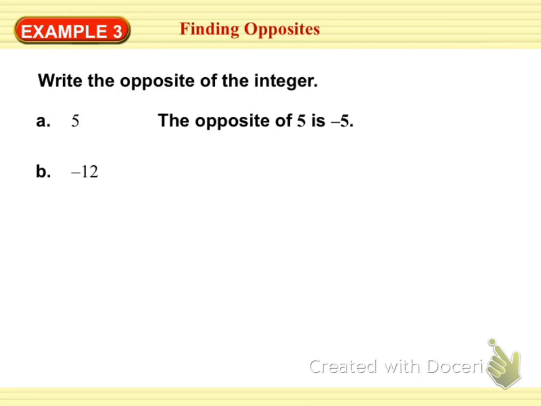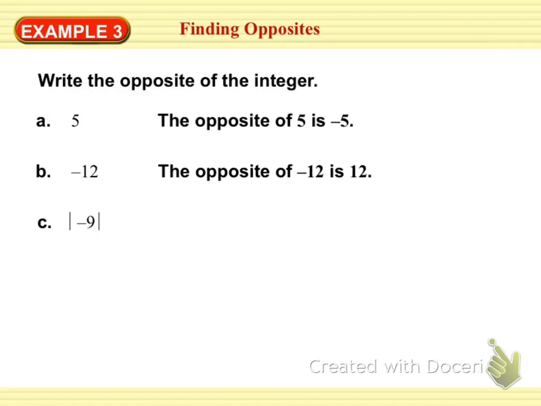If I start with the integer -12, its opposite would take me back to 0 and would have to be going in the positive direction, so it would be +12. So the opposite of -12 is +12. When you bring in the absolute value symbols, you have to first evaluate the absolute value. So in C, it's asking for the opposite of the absolute value of -9.